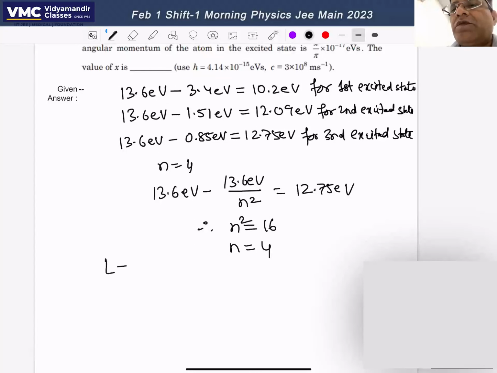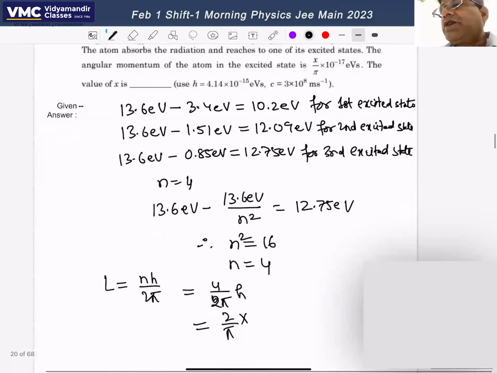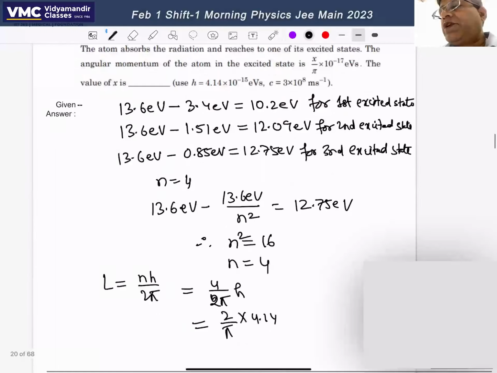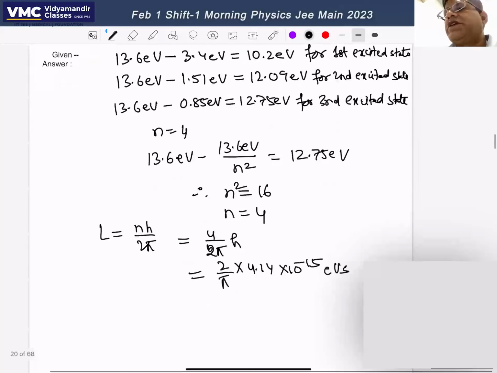So this angular momentum L will be nh by 2 pi, that will be 4 by 2 pi multiplied by h. That means 2 by pi into the h value. The h value is 4.14 into 10 power minus 15 electron volt second.